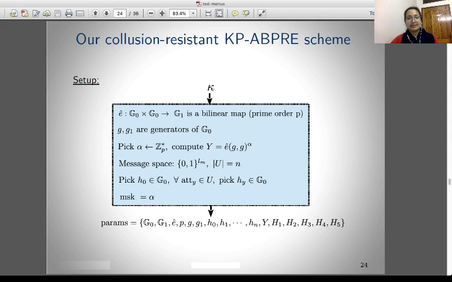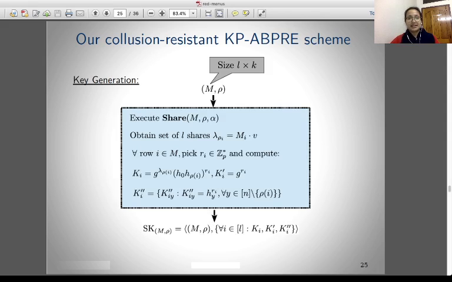The message space is of size L power m. The size of the universe is n, and for all the attributes in the universe, it picks a random group element hy from the source group G0. Here are the public parameters which are generated, and I'll explain the hash function description as and when I explain the scheme.